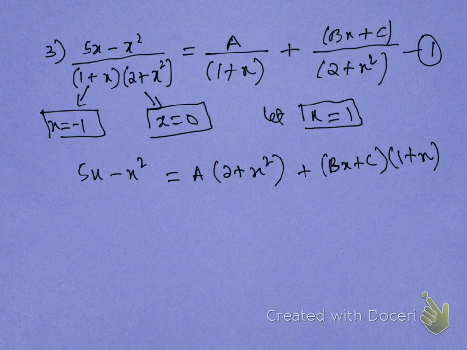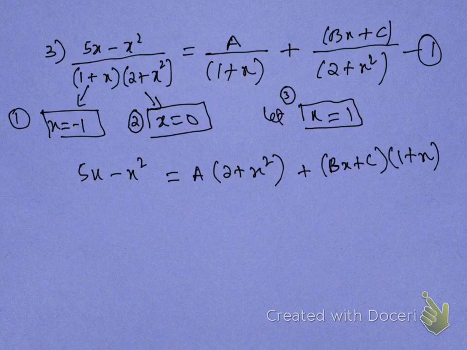First substitute minus 1, which is the value of x you got from the linear factor. Then you suppose 0 from the quadratic factor, and finally you have to substitute 1. Therefore substitute the values of x in this order to make the calculation simple and fast.